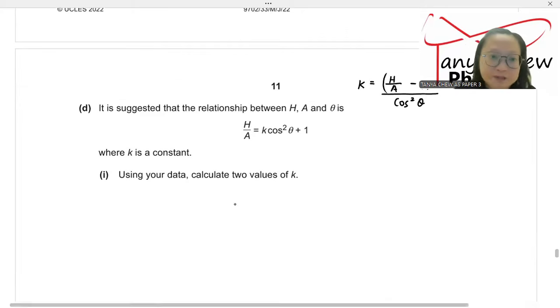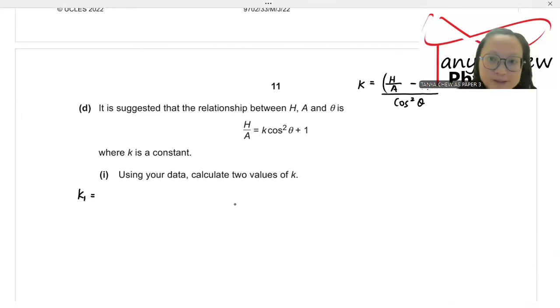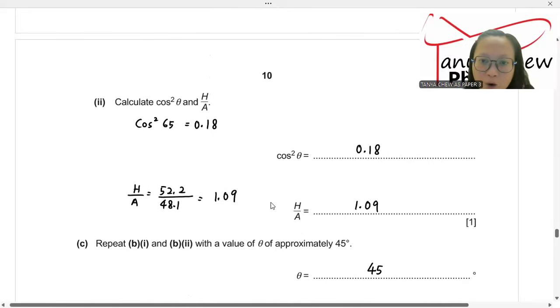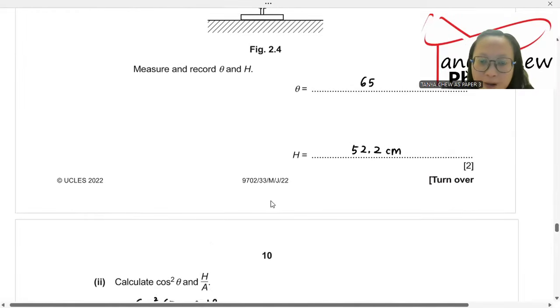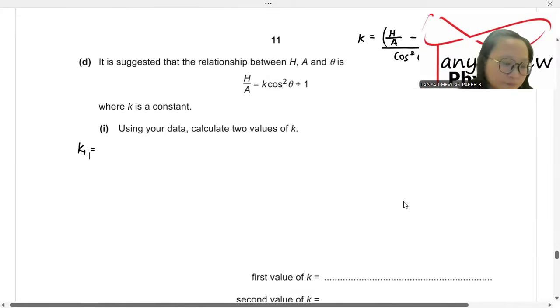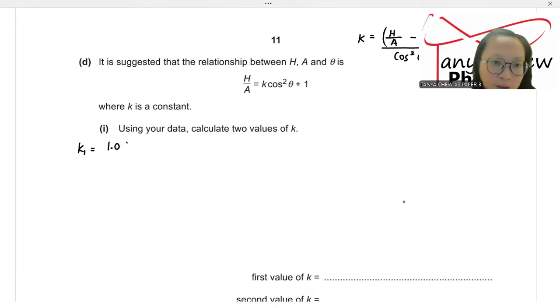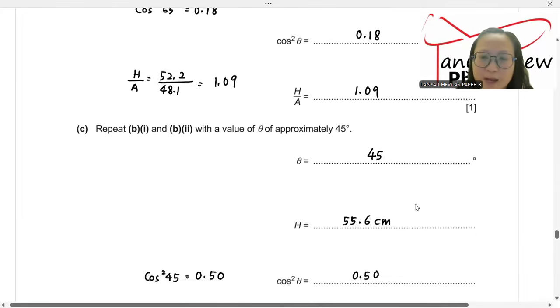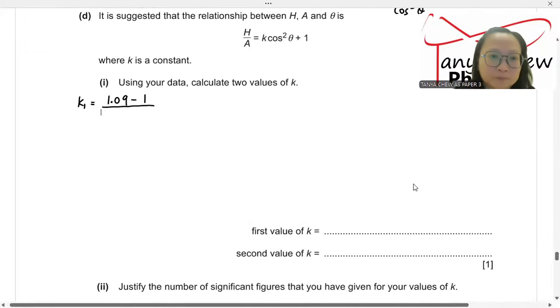I find my first K. K1 is equal to h over A, part 1, which is 1.09, minus 1, divided by cos square 65, which is equal to 0.18.